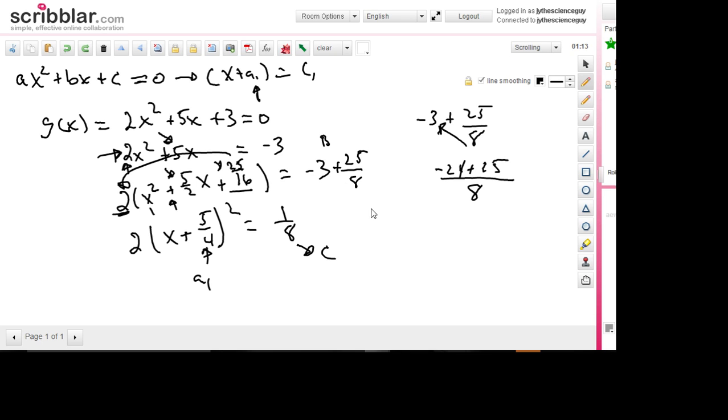If I wanted to know my HK, then this would be negative 5 over 4 and comma 1/8. That's where my vertex would be. Yeah, because if you set it to 0, it's opposite, right? It's opposite. The vertex.